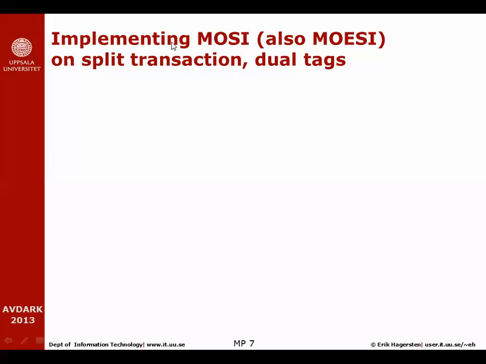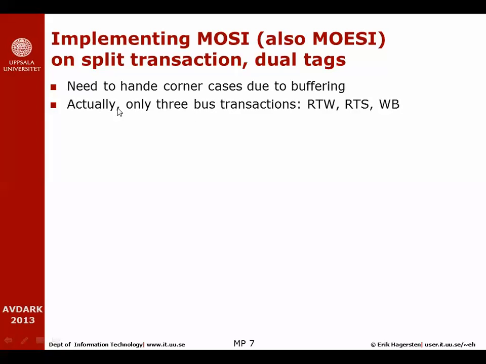To implement MOSI on a split transaction bus with dual tags and buffering, we need to handle several corner cases, one of which we just looked at. In order to do that, we will put a dual role on some of the transactions. We will only have 3 bus transactions instead of the previous 4.